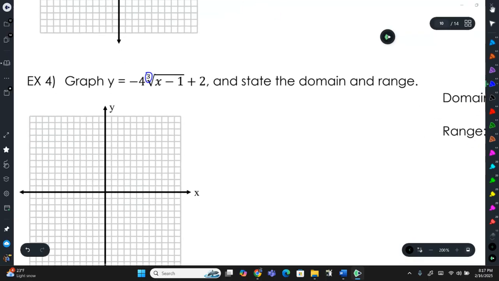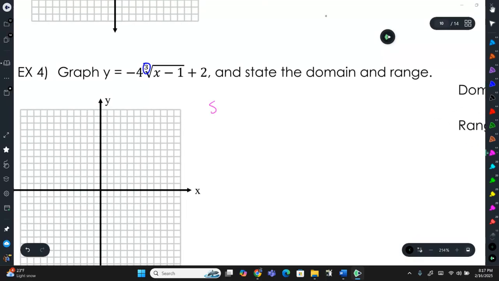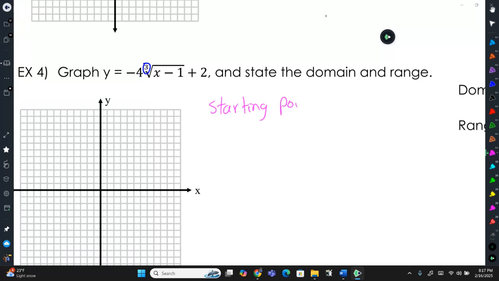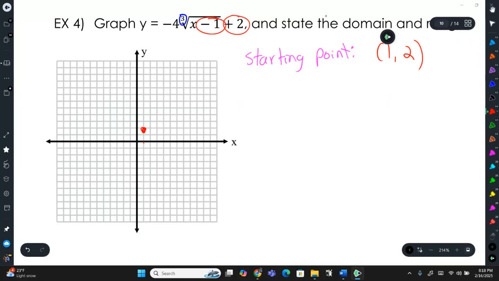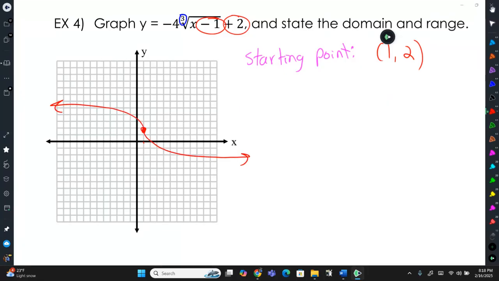Now our starting point is going to be positive 1, the opposite of what you see, positive 1, comma, positive 2. So 1 over 2 up. It is a negative a value, so that means the right side is going to go down, and the left side is going to come up. So we get our sideways snake.